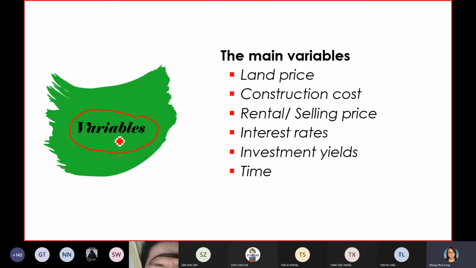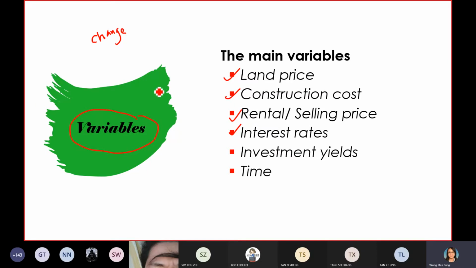What is a variable? Variables mean land cost, construction cost, rental or selling price, interest. All these can be subject to change later, because your estimate is just an estimate only. Sometimes we call it a guesstimate. You guess only.